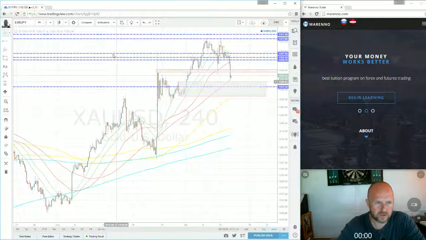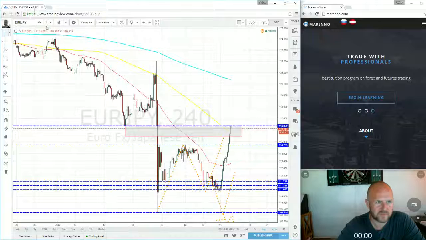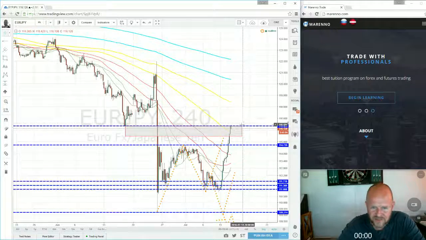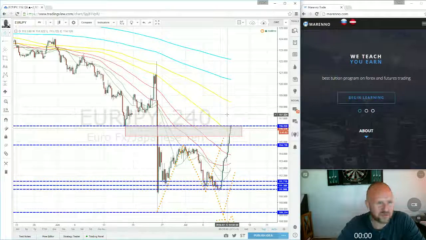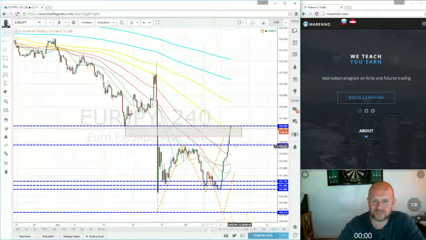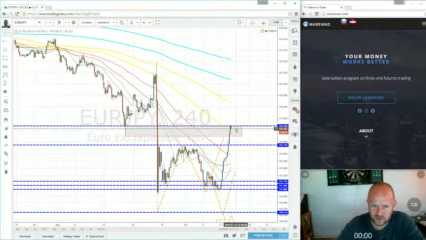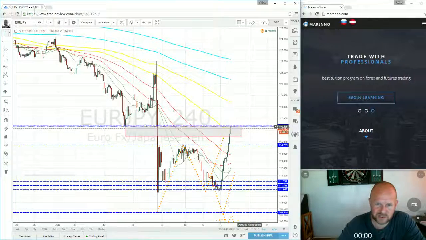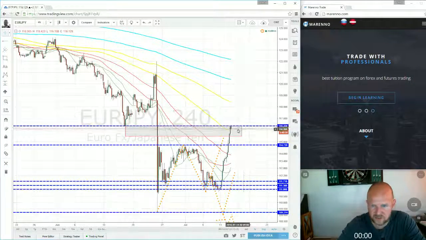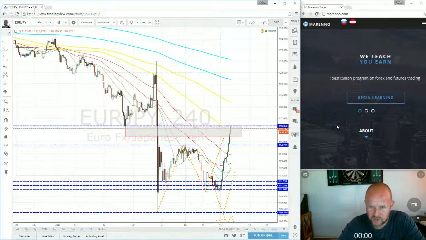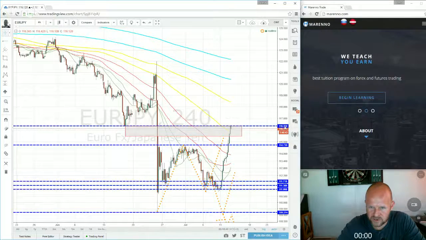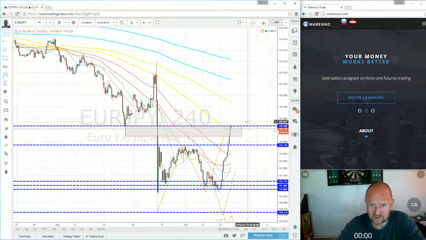Okay, let's go further. It's euro yen. Nice one. 116.359 is reached. As I told you before, this is a very nice level to sell. What we have to do now is wait until the current 4-hour candle is closed, and then possibly during the Asian session we'll be able to place a sell limit order at 116.359, the same level.